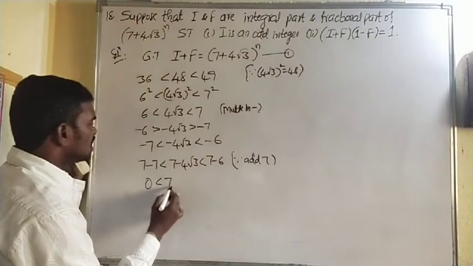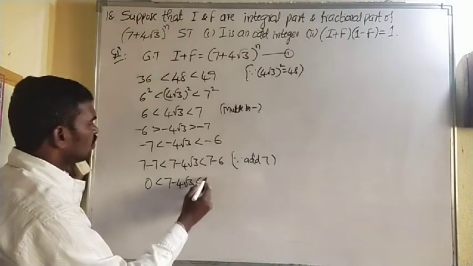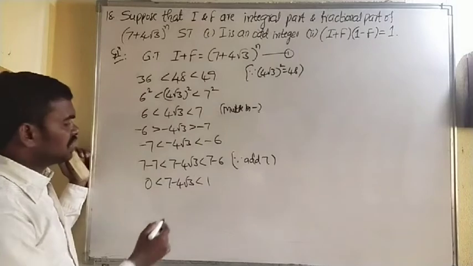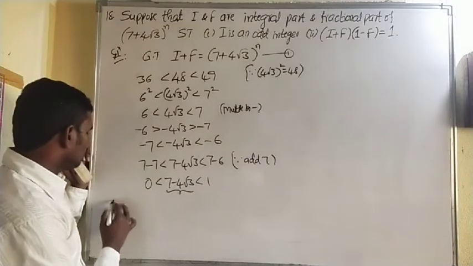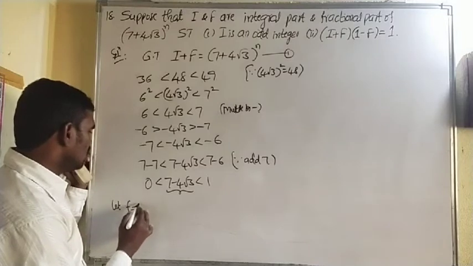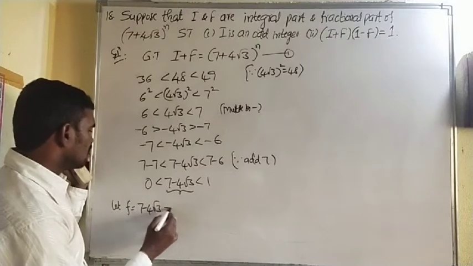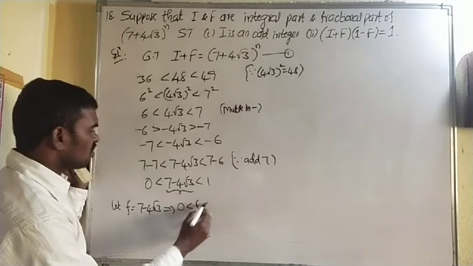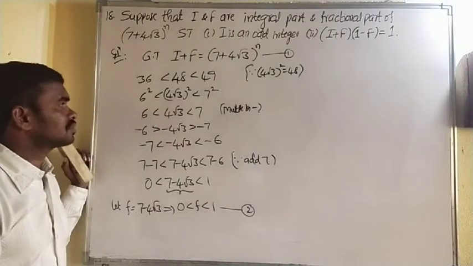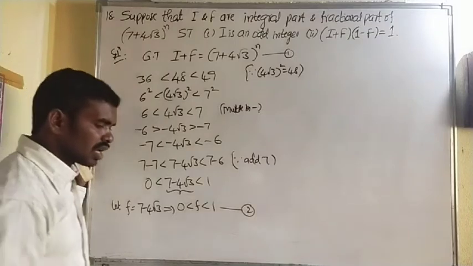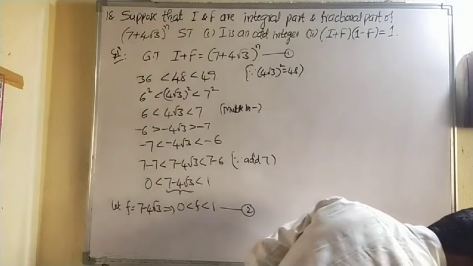So 0 less than 7 minus 4 root 3 less than 1. I am taking this as small f. So let small f equal 7 minus 4 root 3. Then 0 less than small f less than 1. So this is one more condition. See once again.